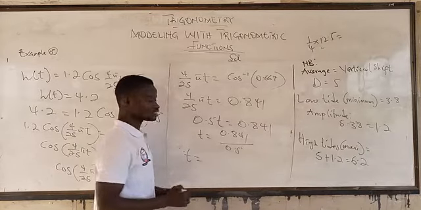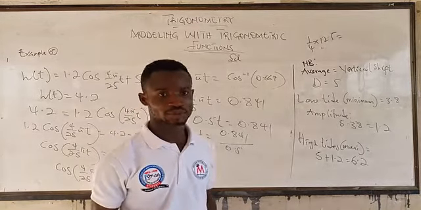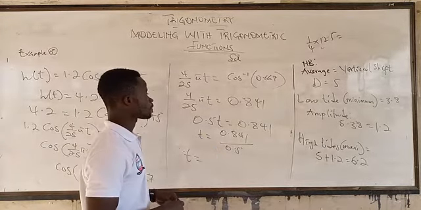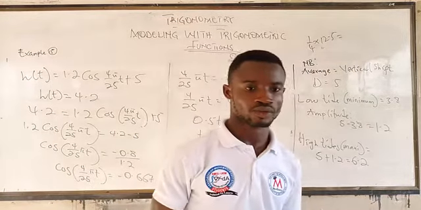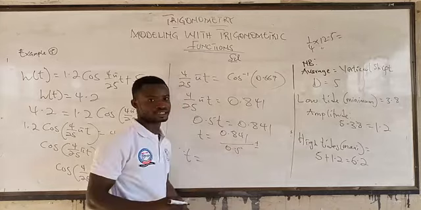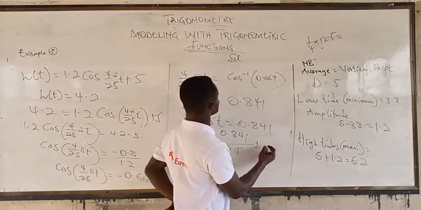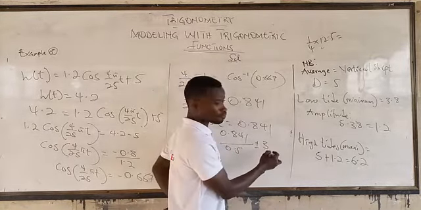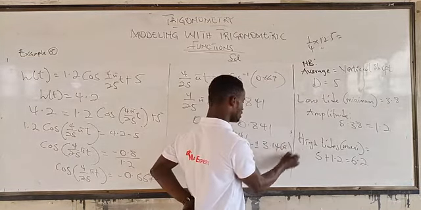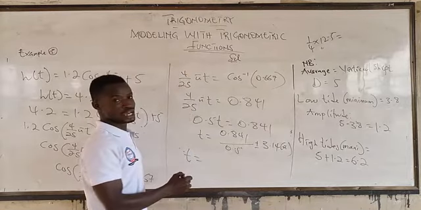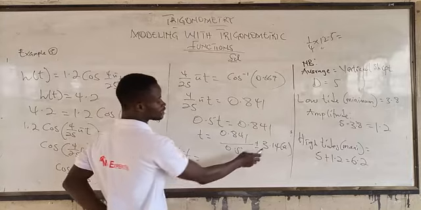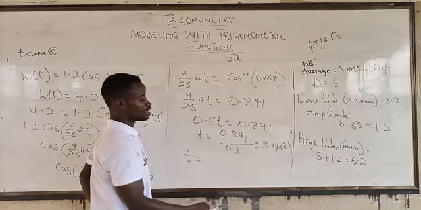And lastly, you're going to get t to be equal to plus or minus 3.14. You know that 3.14 is pi, alright.